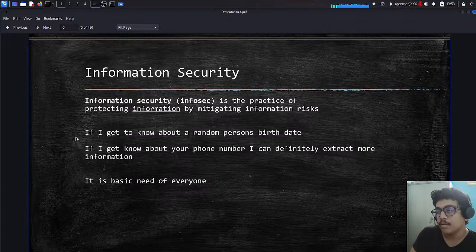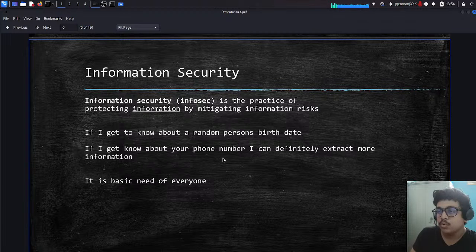For example, if our Aadhaar card got lost, or if we have deleted any important document that is present in our operating system or our PC. If I get to know a random person's birth date, for example, 26 July, it does not make any sense because 26th July is a very common date.